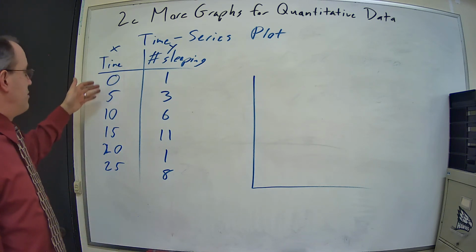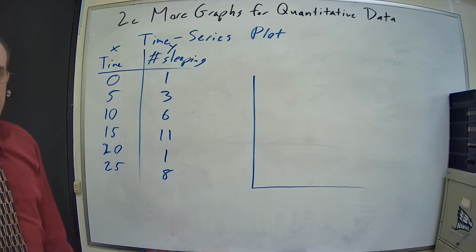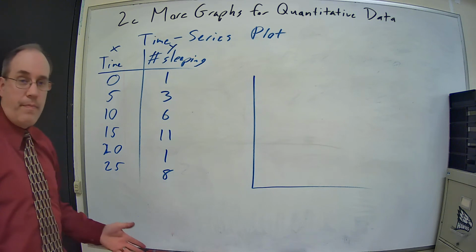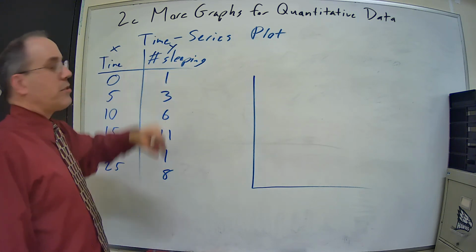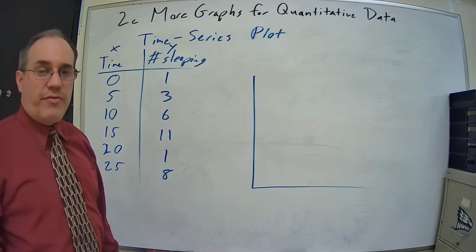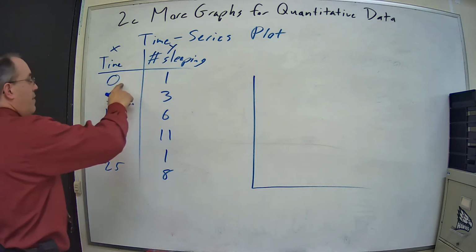I took readings at certain times, so it was 0, 5, 10, 15. Nothing caused that. That was its own thing. Yet the number sleeping, that's called the dependent variable, because the number of people sleeping was dependent on the time.